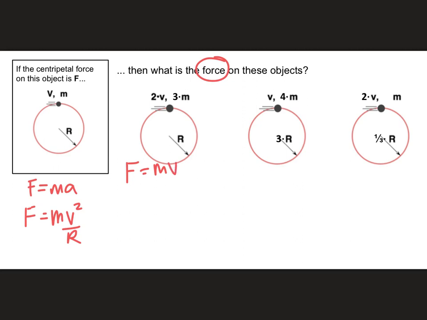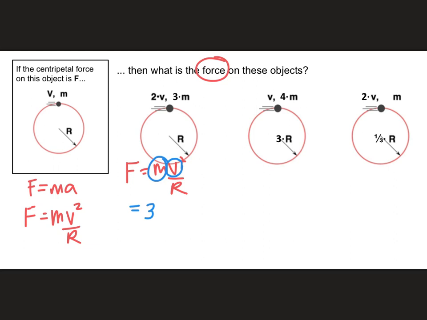You write down my formula and think about what changes and what doesn't change. So in this case, the r is not changing, but the m is changing, and the v, which is squared, is changing. So when the m changes, that changes by a factor of 3.